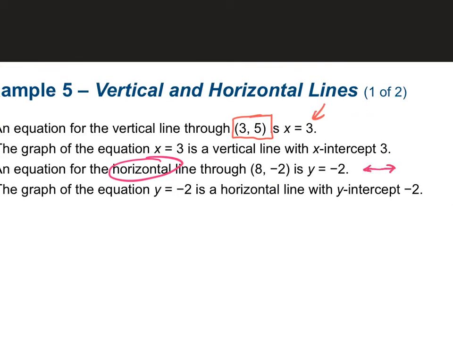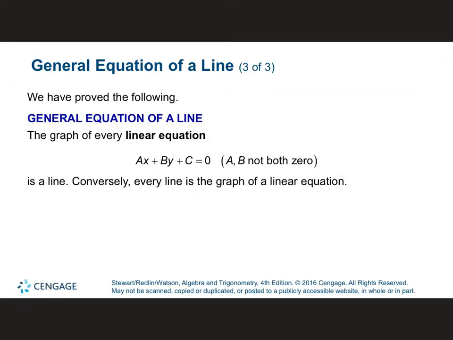It's going to go through the y-axis. So that's why your equation is y equals whatever the y part is. You guys have to get that into your memory. However you've learned it before, whatever you guys need to do, you have to make sure that you understand the difference between a horizontal and vertical line. Questions? We okay so far?